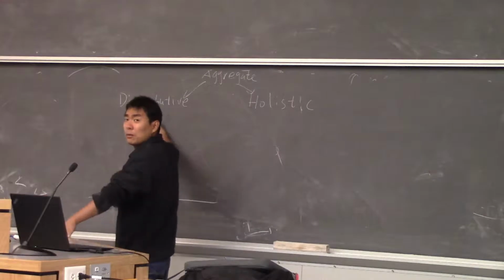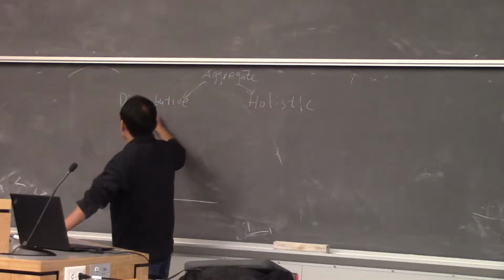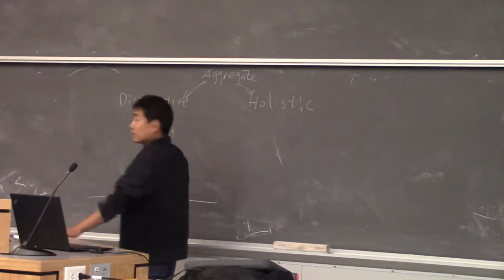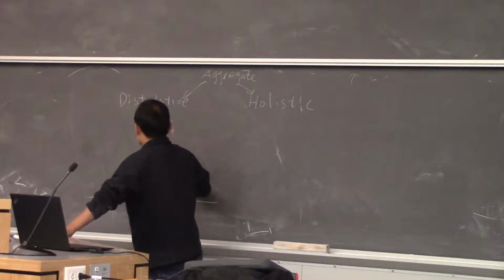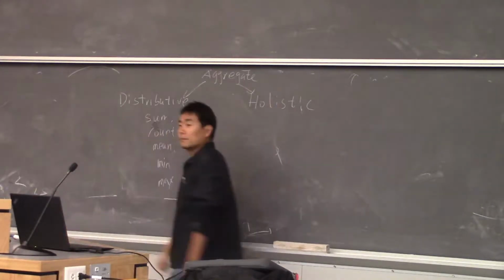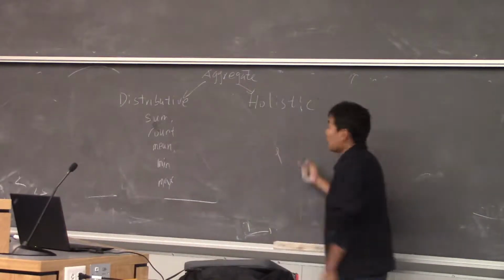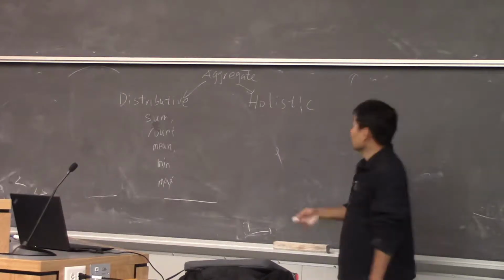What are some examples of distributive aggregates? What are some examples of holistic aggregates?